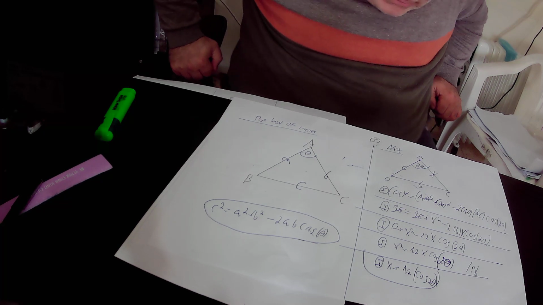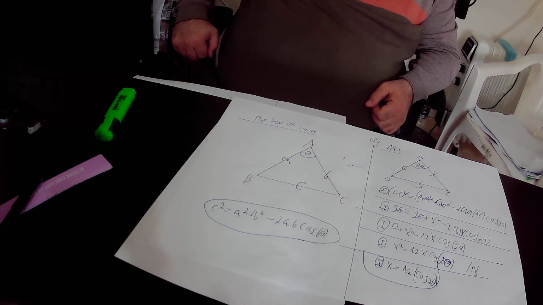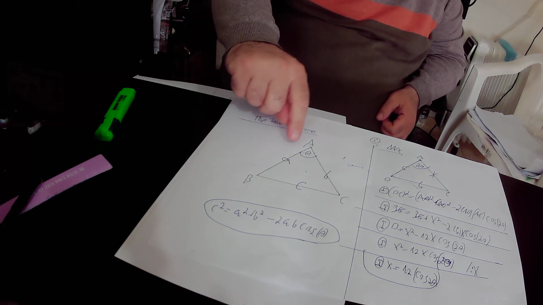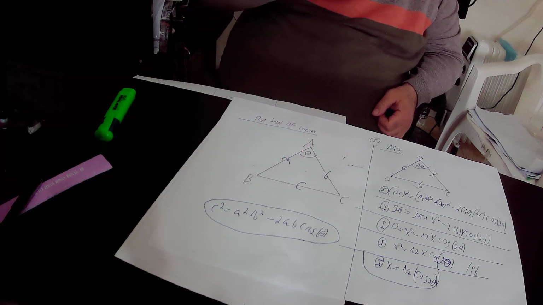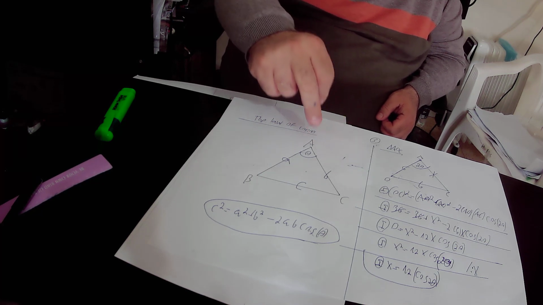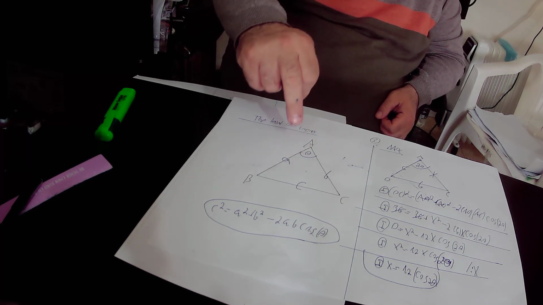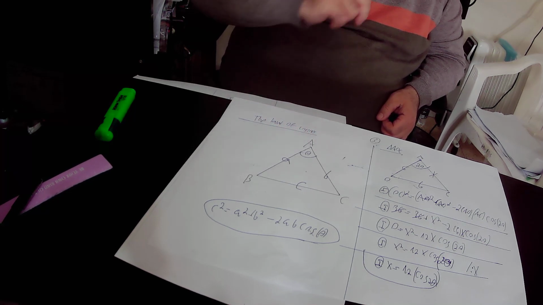If we have this triangle ABC, that could be any triangle, side AB equals A units in length, side AC equals B units, and side BC equals C units. And the angle between side AB and side AC is theta. Then according to the law of cosines, C squared equals A squared plus B squared minus 2 times A times B times cosine theta.